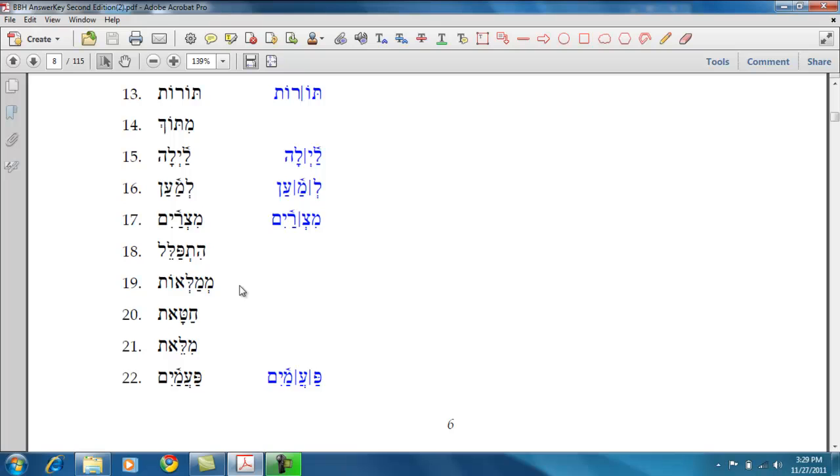Number 19 is memalleot, memalleot. You have a mem with a shava as your first syllable. Put a break right there. Start your second syllable with mem, patak, lamed. Then your third syllable will be lamed and shava.